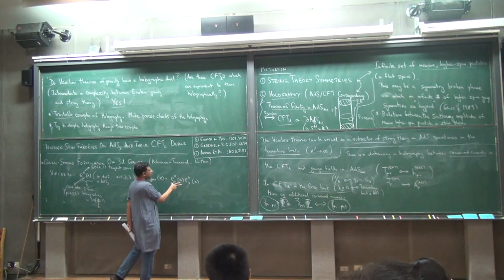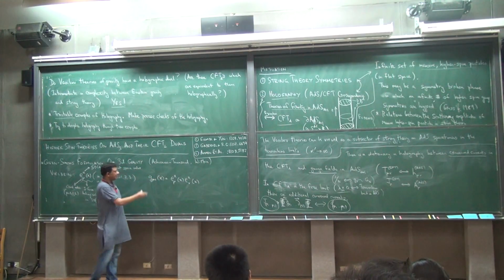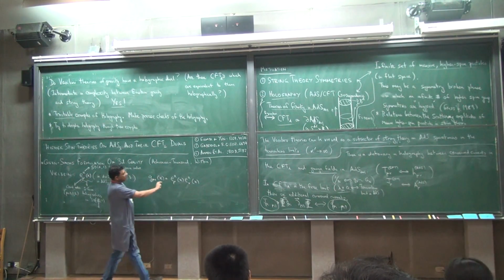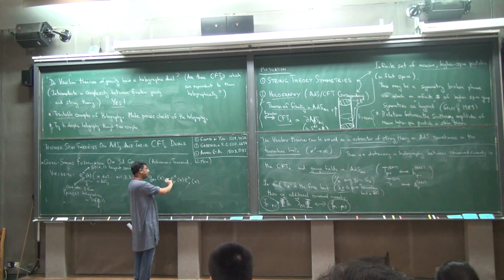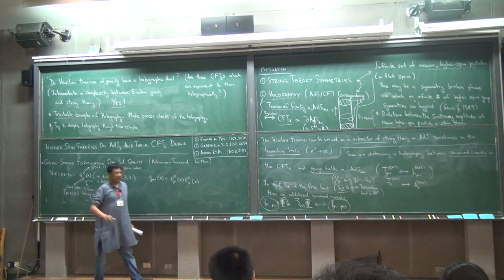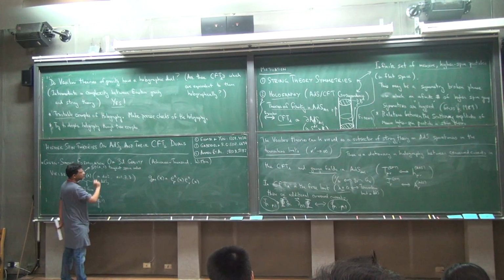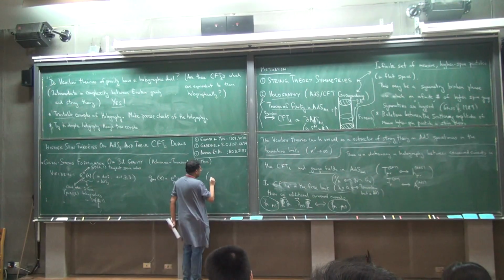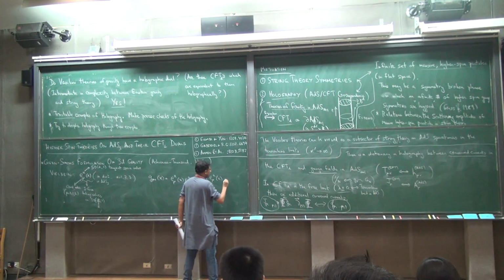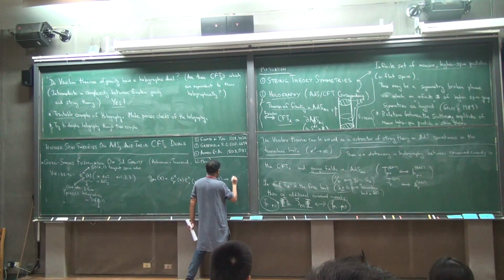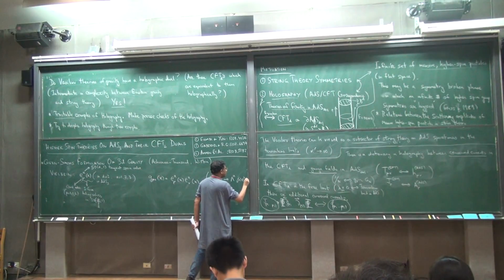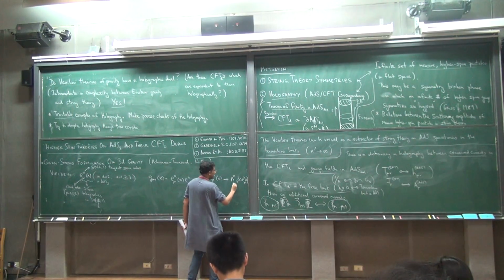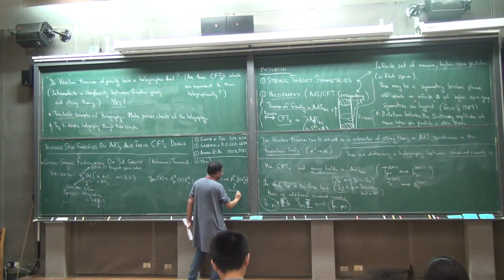If I find one set of E's which satisfy this, you can rotate each of these E mu A's by a local Lorentz transformation or a local tangent space transformation. So E mu A of x goes to some lambda AB of x, E mu B of x. So this is a local Lorentz transformation.